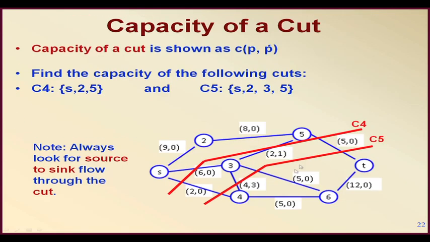So, look at this graph once again, there is C4 and its capacity is only 14. So, the maximum flow that is possible in this particular network is only 14, right. This point has to be remembered, that the maximum flow that we can have is given by the minimum cut. So, thank you very much.